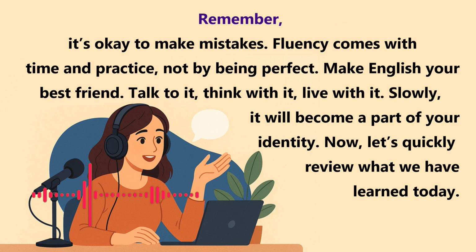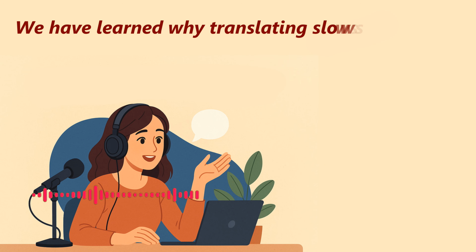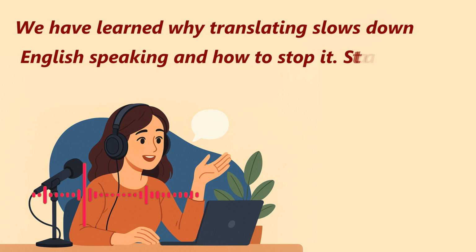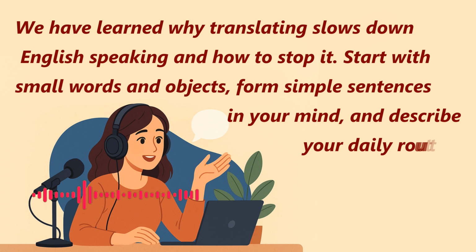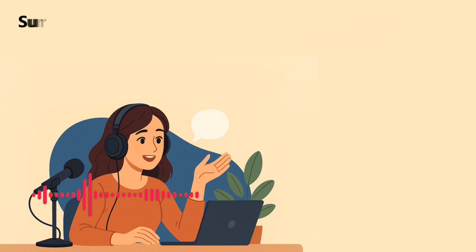Now, let's quickly review what we have learned today. We have learned why translating slows down English speaking and how to stop it. Start with small words and objects, form simple sentences in your mind, and describe your daily routine in English.